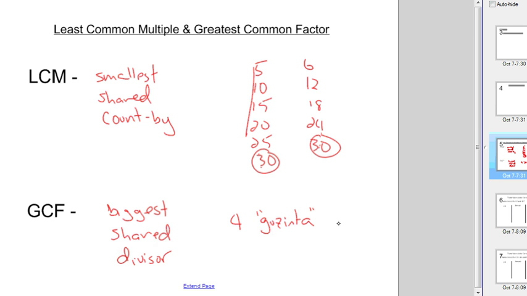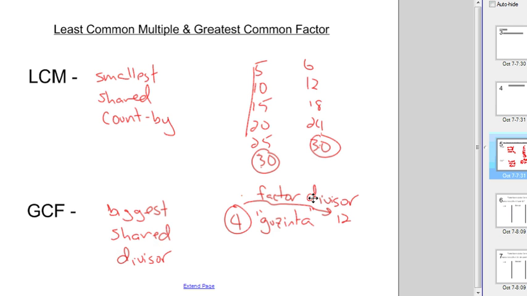Little joke from my physics teacher in high school. 4 goes into 12, so 4 is a factor of 12, because it's also a divisor. I guess you figured out that this is kind of slang for goes into. But it's a factor or a divisor.